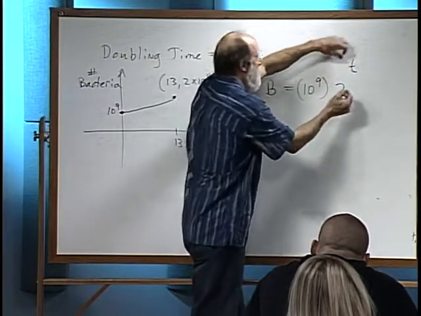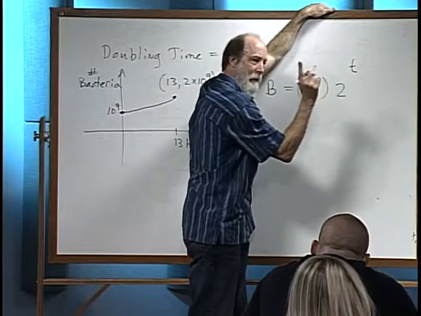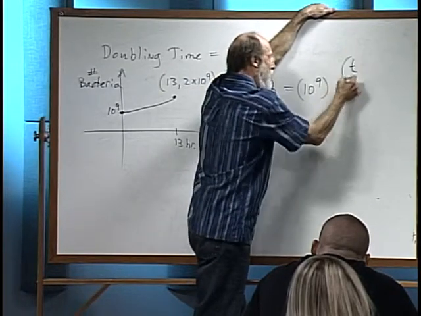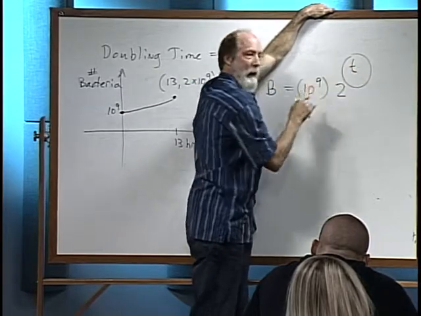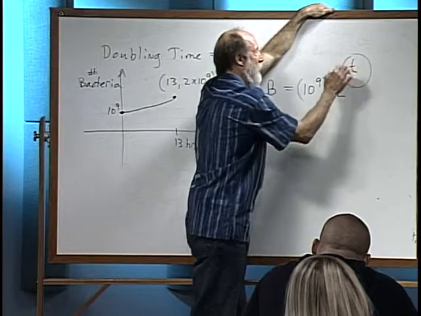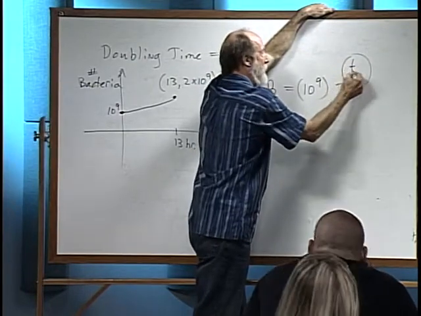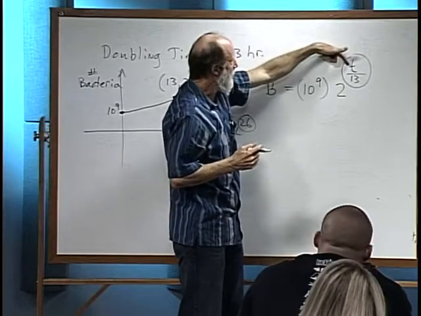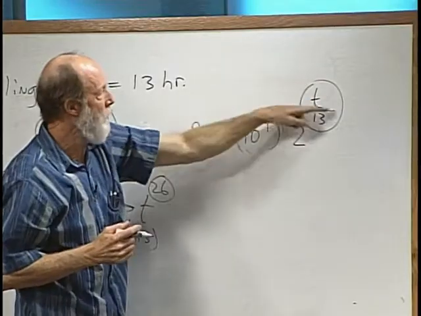So I know the doubling time is 13. I want this exponent to be a 1. So if I took the number of hours divided by that 13, if I put 13 in for t, then I get an exponent of 1.